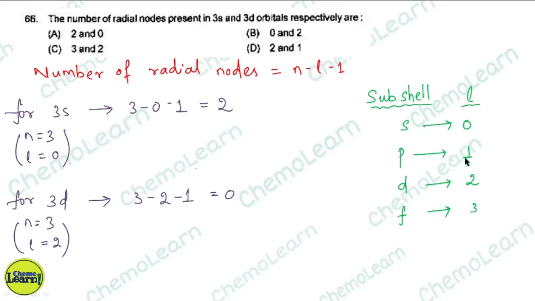For azimuthal quantum number, s subshell has value 0, p has value 1, d has value 2, and f has value 3. So we have to calculate for 3s and 3d. For 3s, n equal to 3 and L equal to 0, so it will be 3 minus 0 minus 1 equal to 2. For 3d, n equal to 3, L equal to 2, so the number of radial nodes will be 3 minus 2 minus 1 equal to 0. So the answer is 2 and 0.